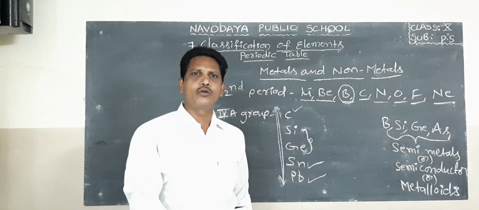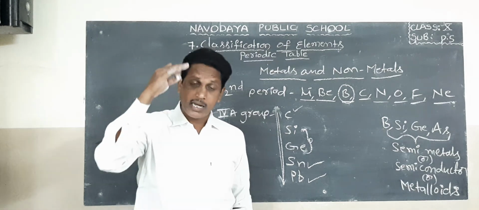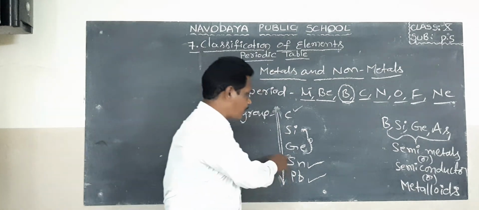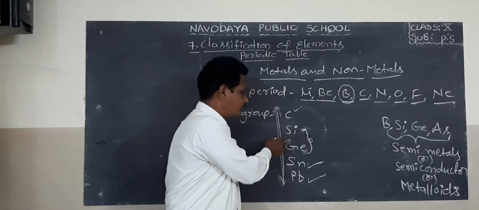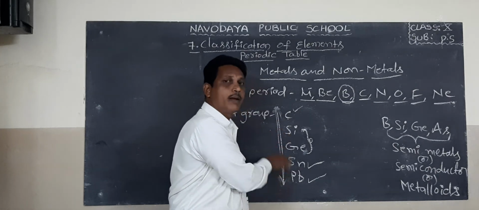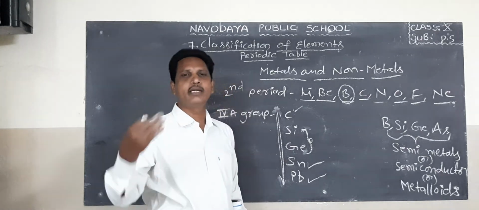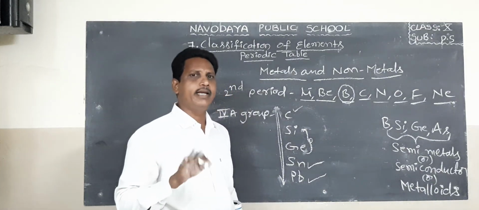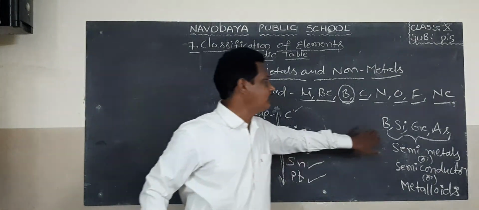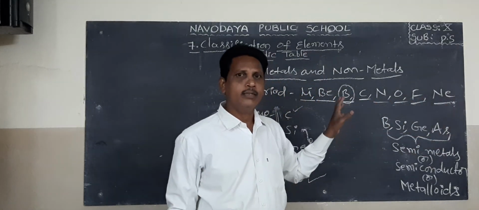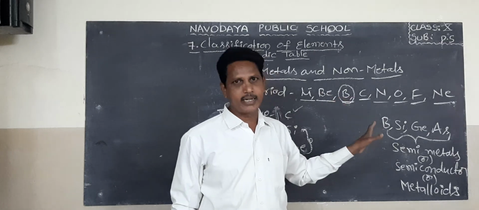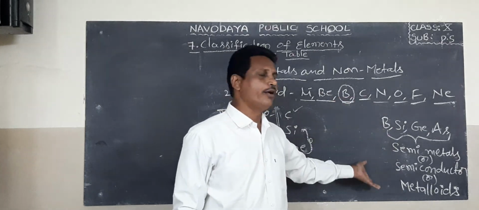Top to bottom in a group, metallic property increases, non-metallic property decreases. Non-metal, semi-metal and metals. Boron, silicon, germanium and arsenic are the most important elements students. These are called semi-metals, semiconductors or metalloids.